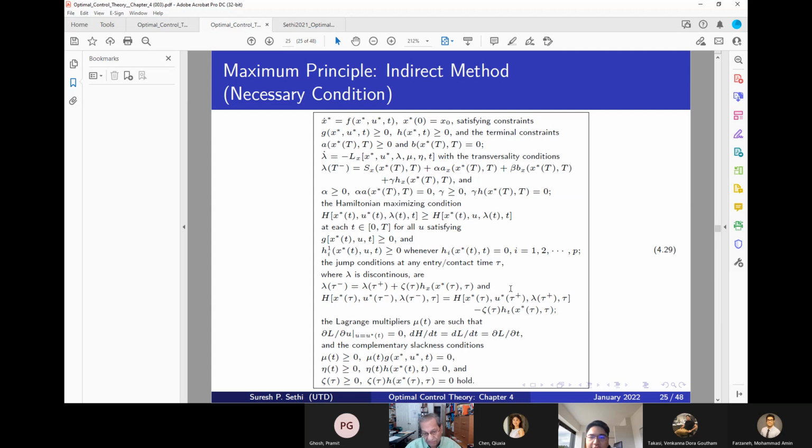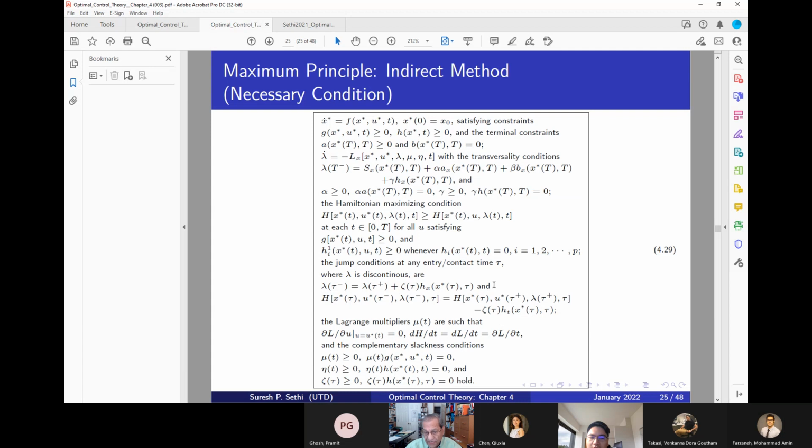Excuse me, I have a question regarding the notation. Here you use h sub t to denote the derivative with respect to t, right? But in the previous indirect method, you also used h super 1. Are they the same or is there any difference? The super one is a full derivative.